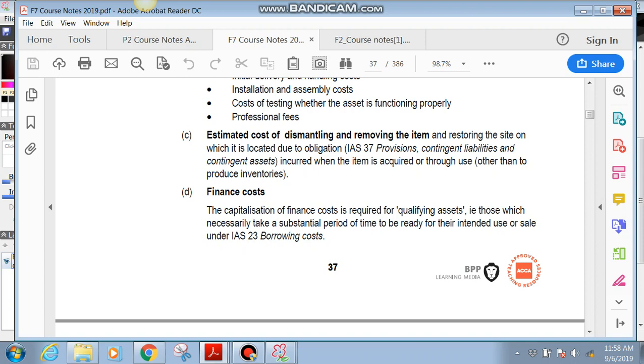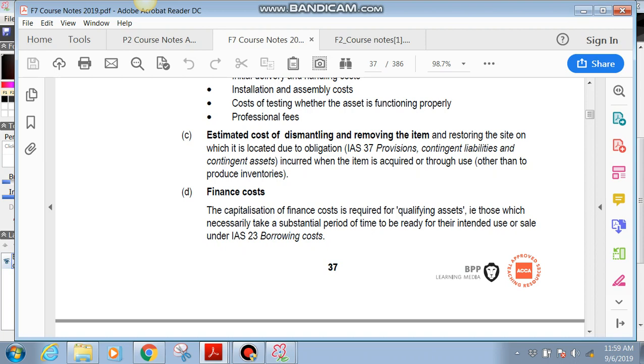The next cost is finance costs. Finance costs are simply interest payments. When you borrow money, a loan from a bank, you are required to pay interest. That interest, if the borrowing is on a qualifying asset, the word qualifying should always be there in the answer.